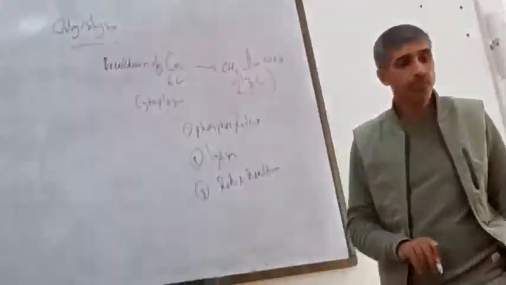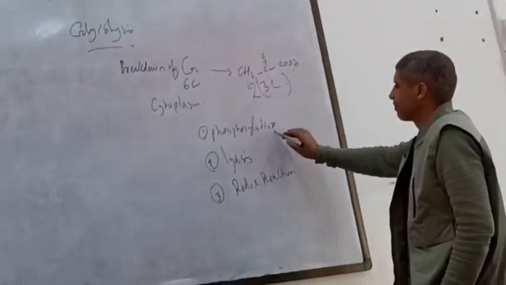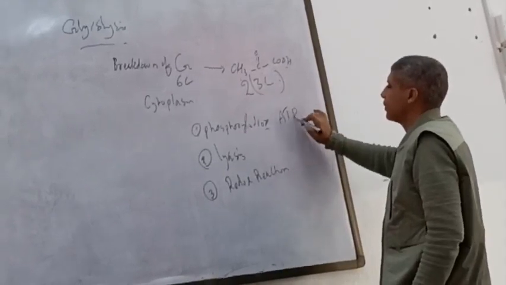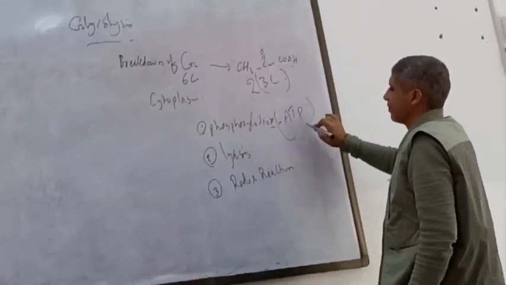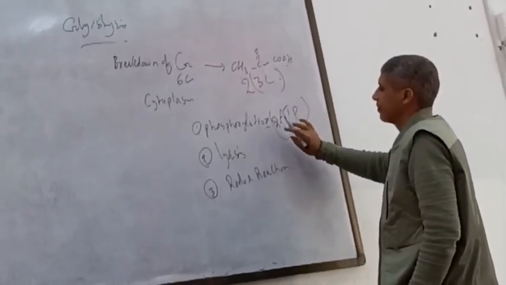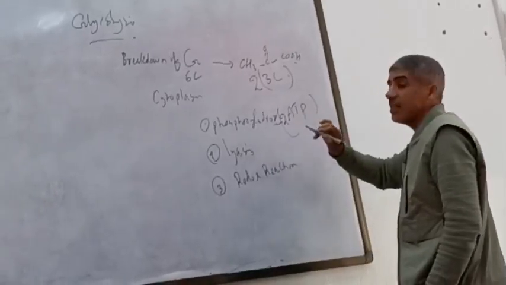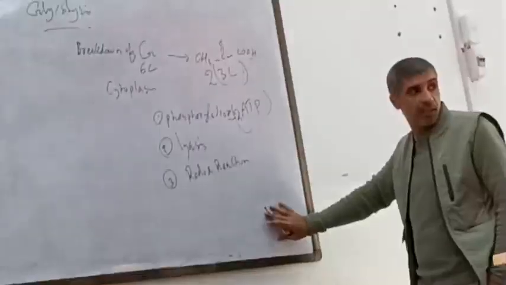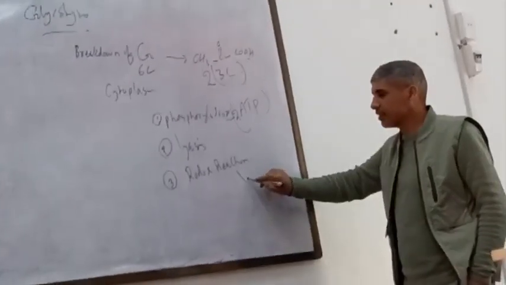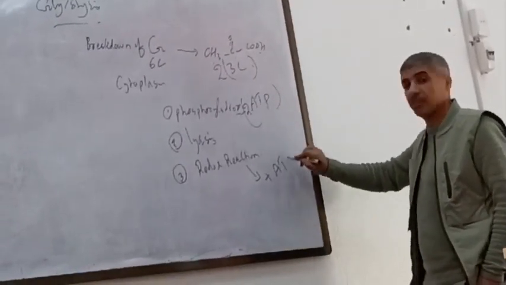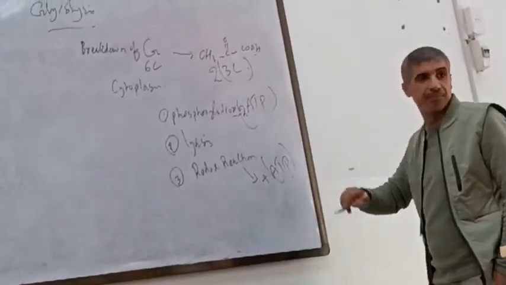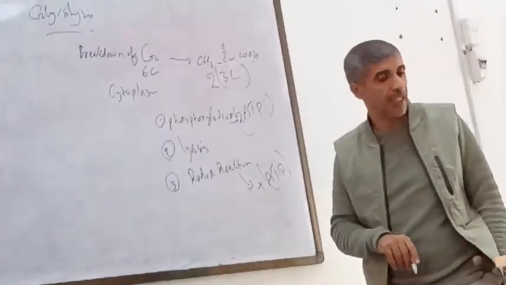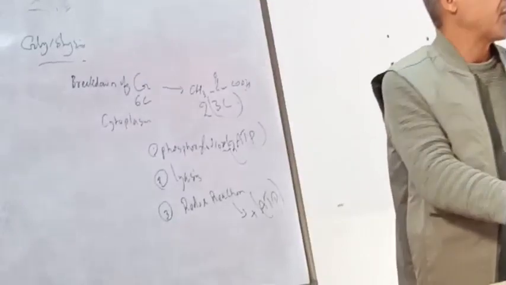In the first phase, ATP is consumed: minus 2 ATP. Lysis, no ATP. The oxidation-reduction phase gives plus ATP. So number 1 is phosphorylation.